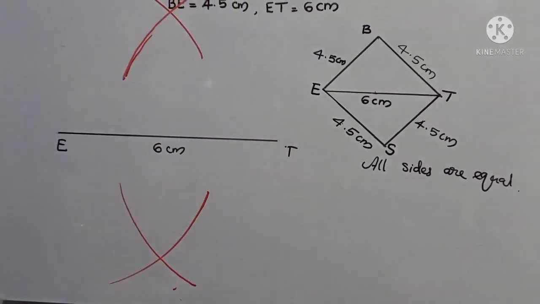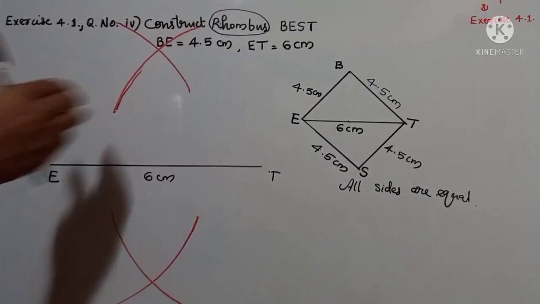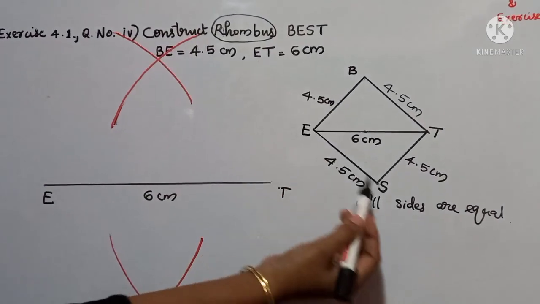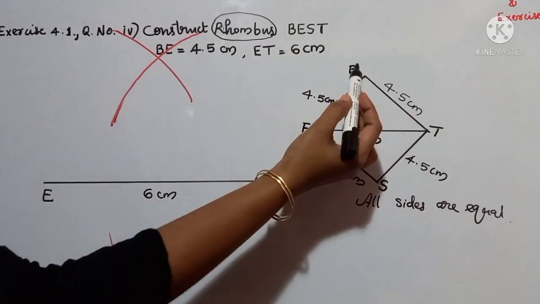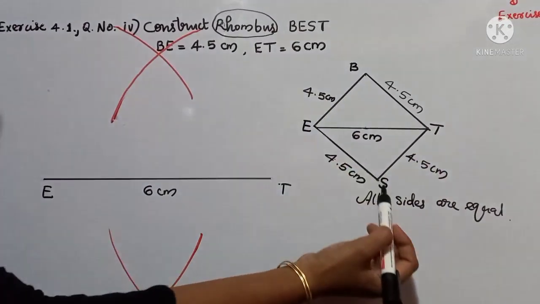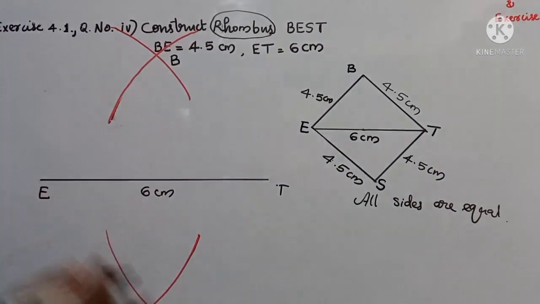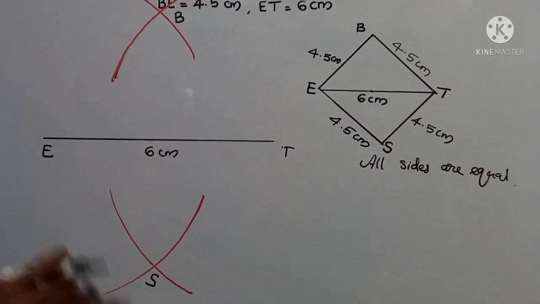Like this way. Then now we have got the points of intersection. Look here, we have written B, E, S, T. So this is the point B, this is the point S.